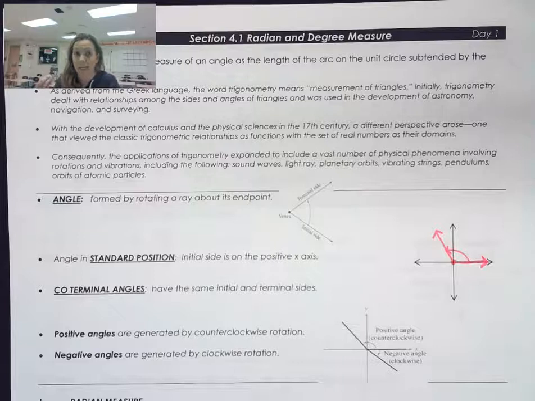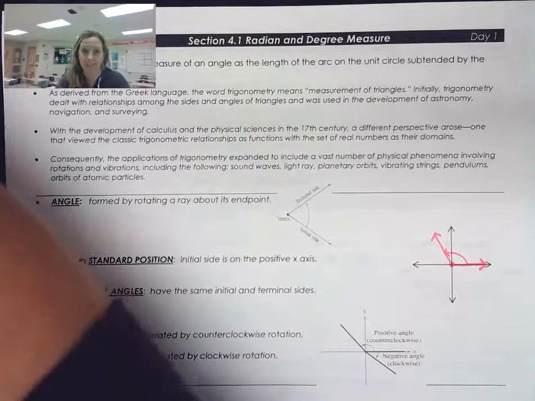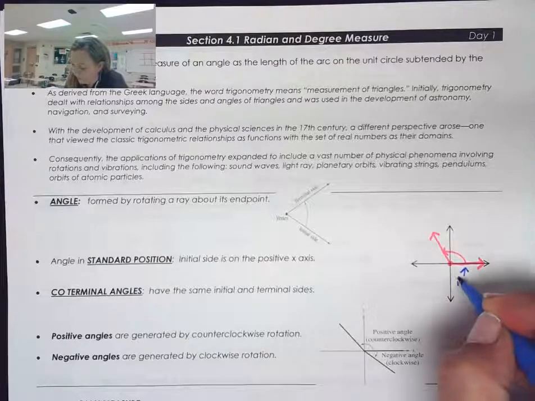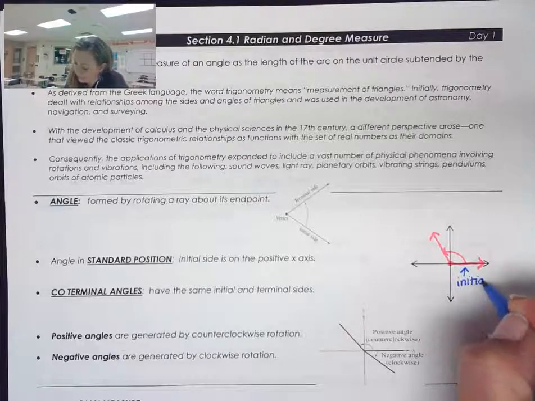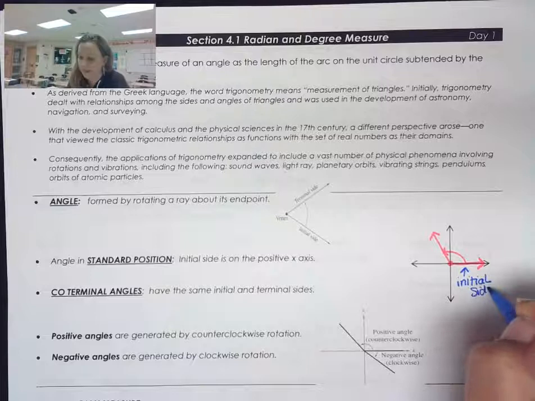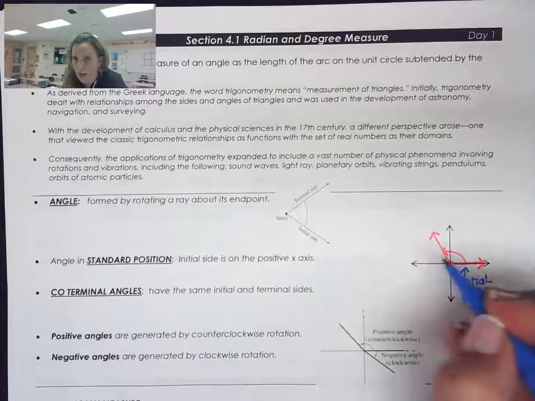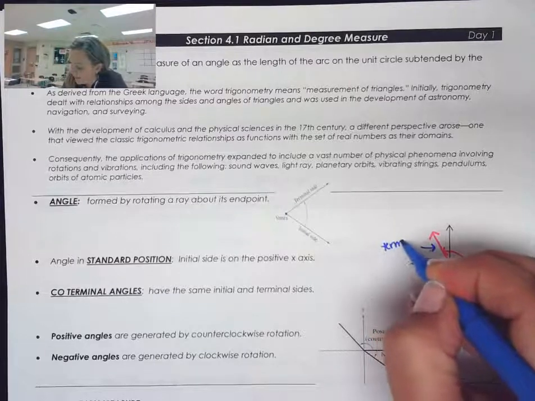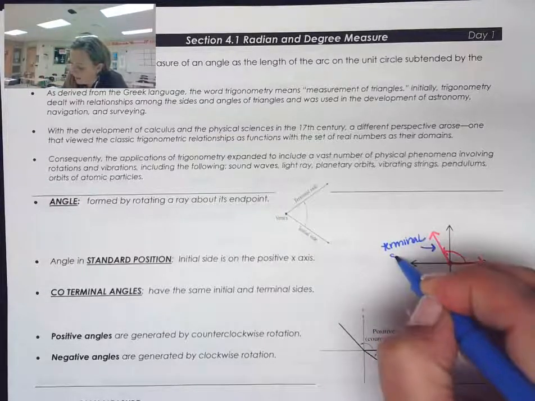When you draw angles, you should have 3 different parts to those angles. Even though it's along the axis, I do think it's important to draw the initial side. Of course, I would draw the terminal side as well.